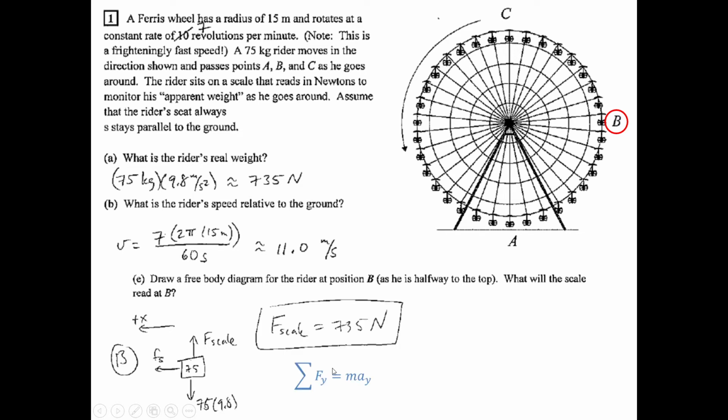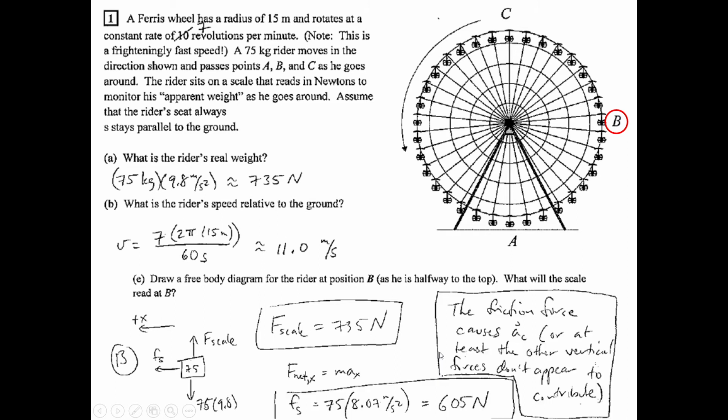Okay, first of all, if I sum forces along the y direction, still taking plus y to be up, the sum of the force y components would be equal to 0 because a is not pointing in that direction. That means ay is 0, and that means F scale is equal to the weight, 735, just what we found at the very beginning. So your apparent weight is your normal weight here. Now the sum of the force x components equals max.